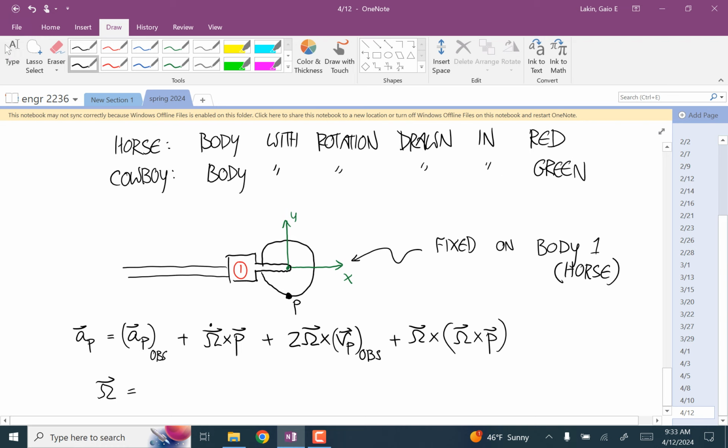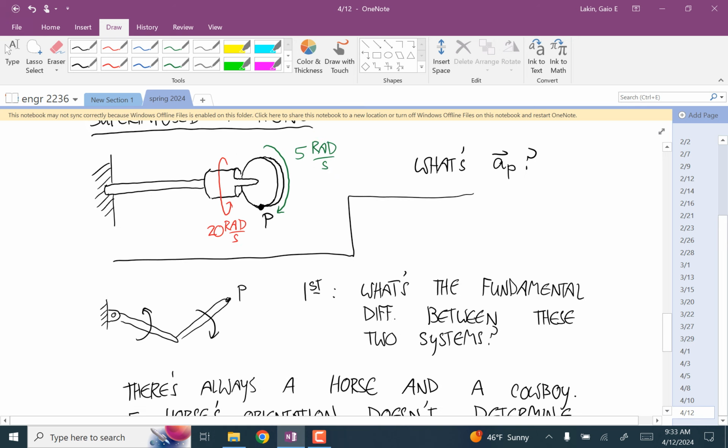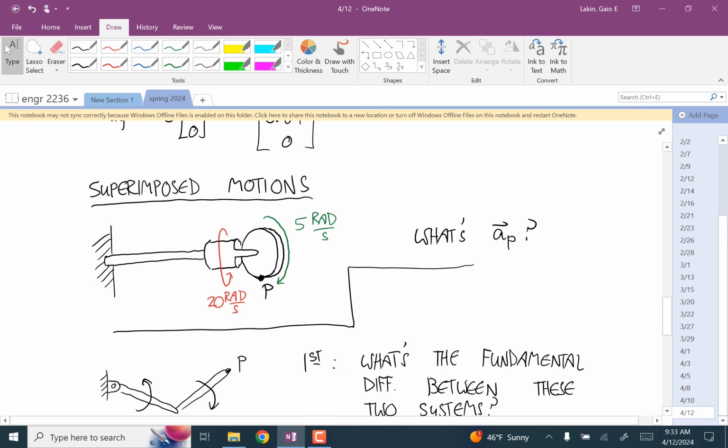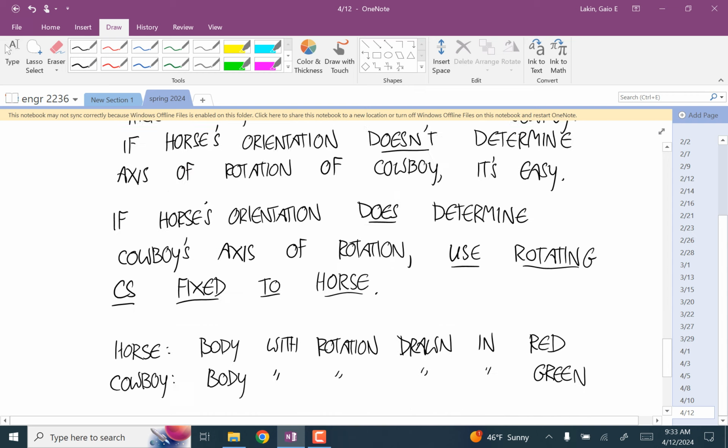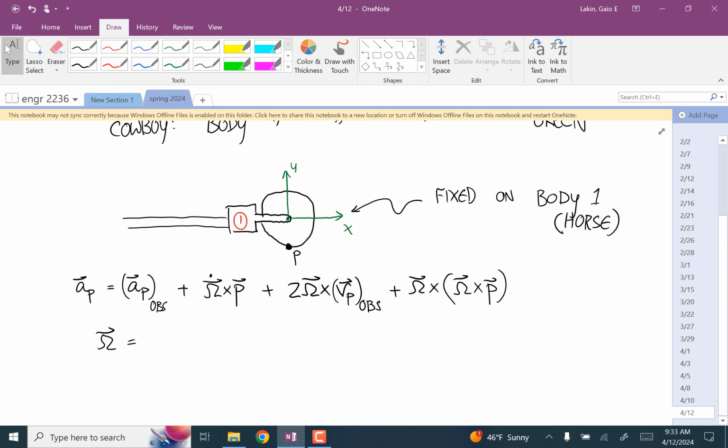That's the angular velocity of the coordinate system. So that's going to be the angular velocity of the horse compared to like a fixed coordinate system. So looking at this, what value is that? 20, yep. And it's about the x-axis. So this is going to be 20, 0, 0.